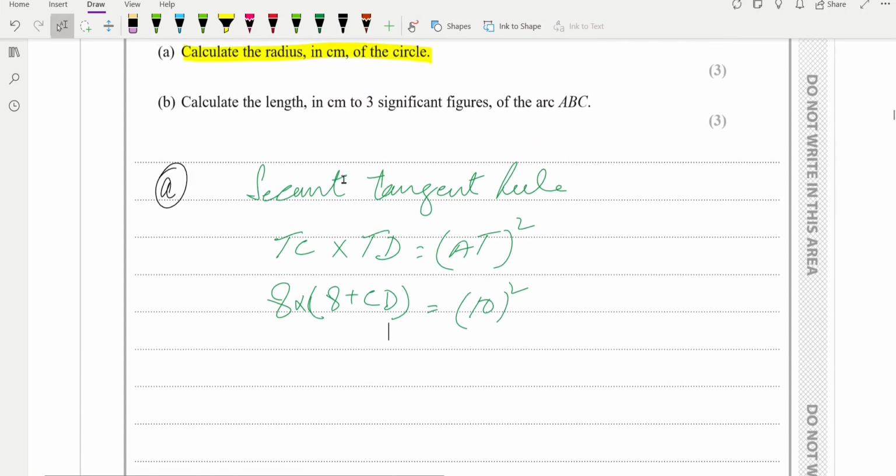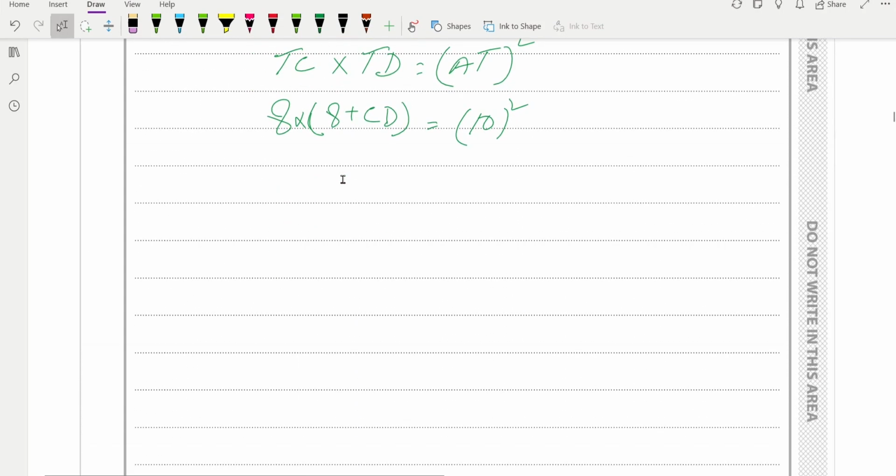Now after writing this equation, we'll have to just find the value of CD, and that value of CD we can calculate. Basically 10 square will be equal to 100, and we can shift this 8 to the other side. So 8 plus CD is equal to 100 divided by 8, and then we can shift this 8 also to the other side.